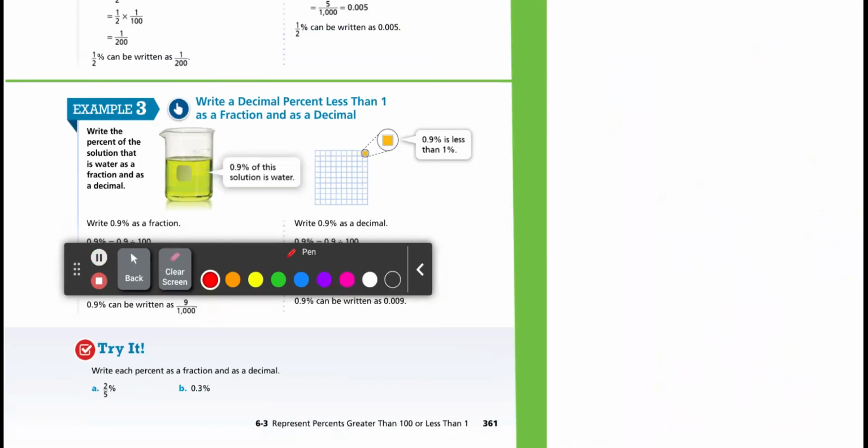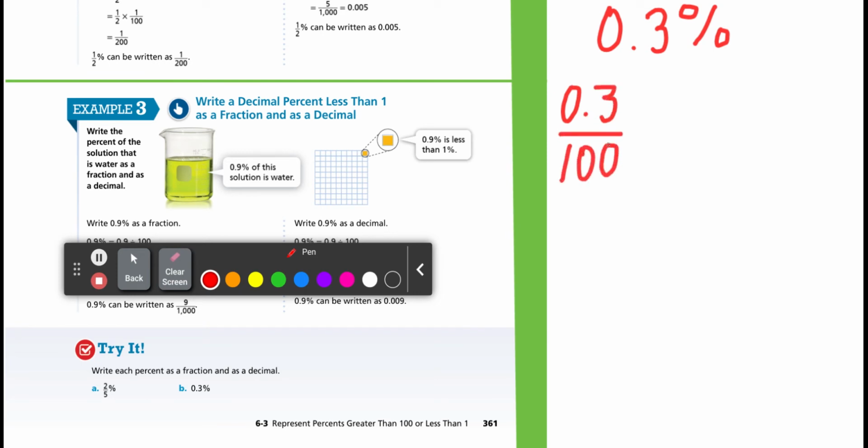Now let's try this. We have 0.3%. To write a percent as a fraction, no matter what, we rewrite the number over 100. 0.3 over 100. We can't leave it as a decimal, so we're going to move that decimal once to the right so that the decimal is at the end and becomes a whole number.